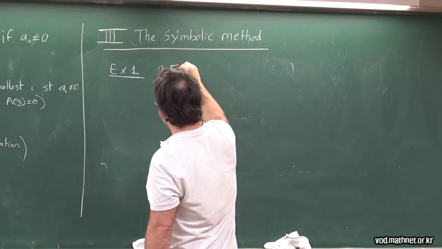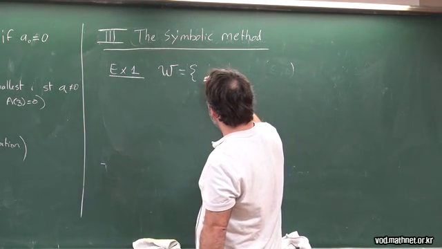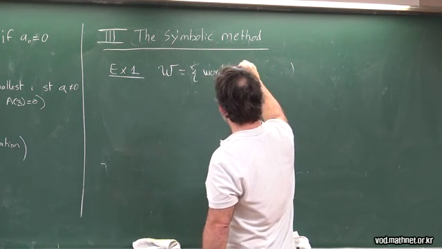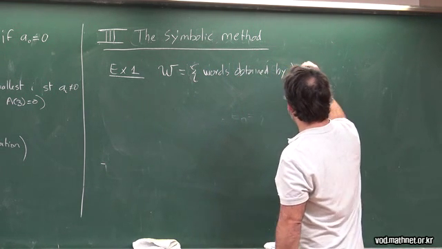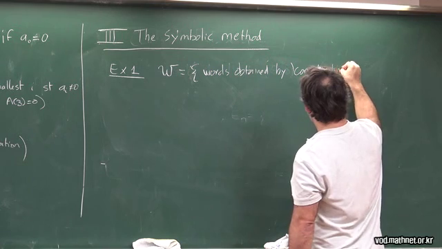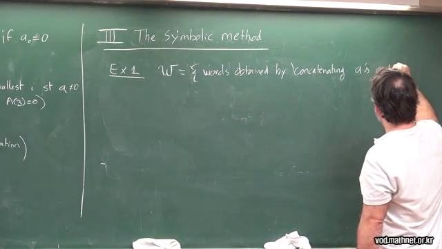I want to look at all the words. I will write it in English. The words obtained by concatenating A's and AB's.